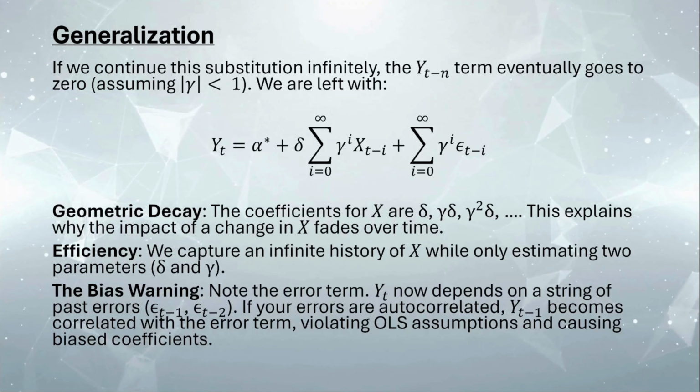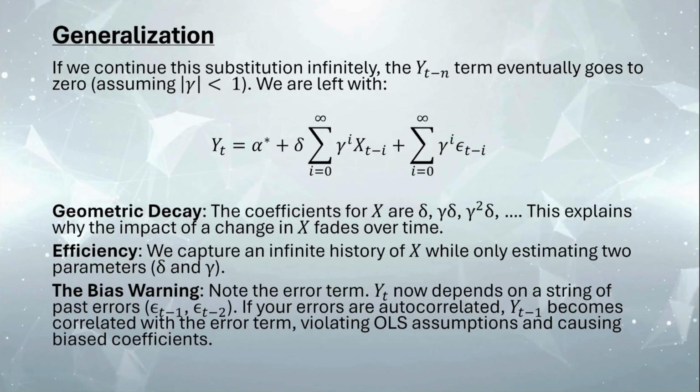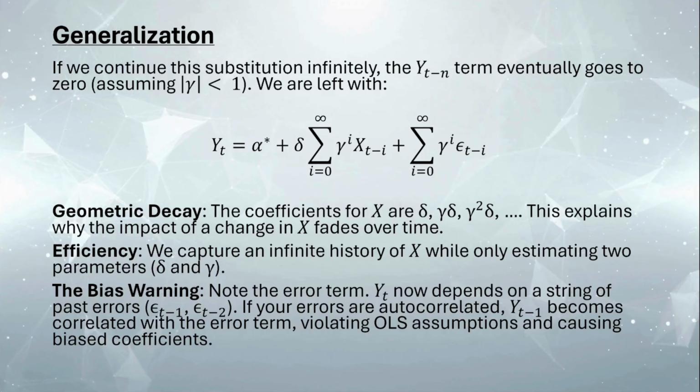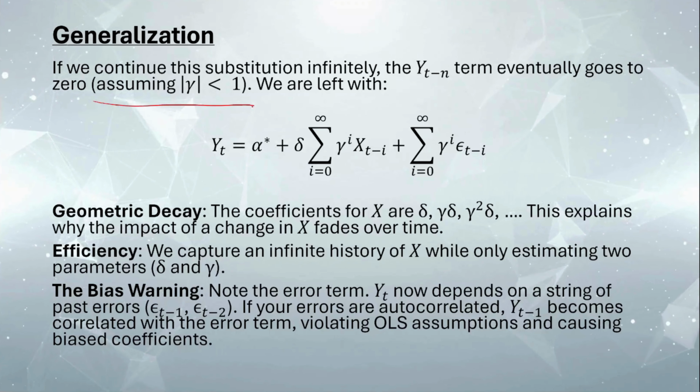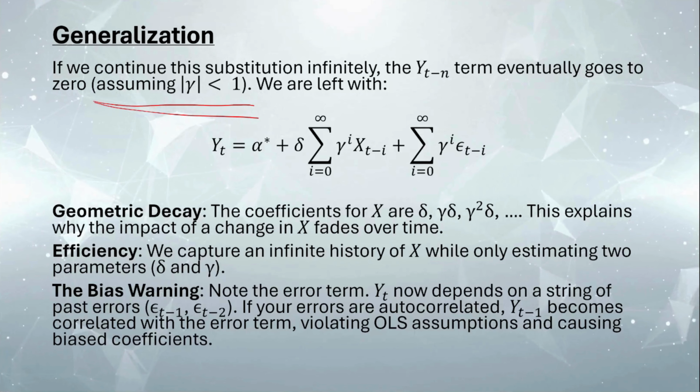So if you continue this substitution infinitely, then the yt minus n term eventually goes to 0. Now that's actually assuming that your gamma is between -1 and 1, right?